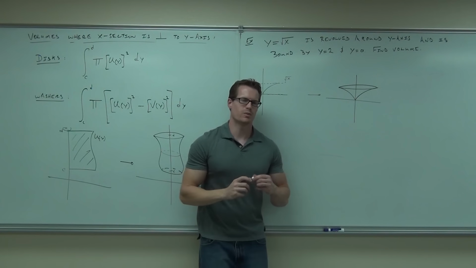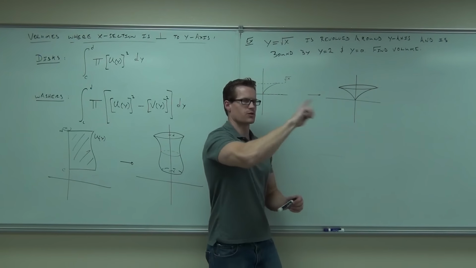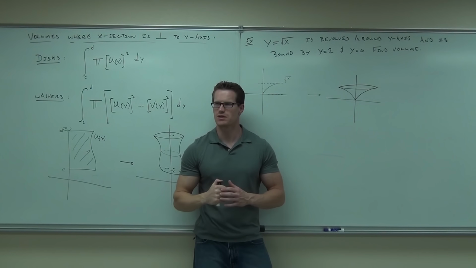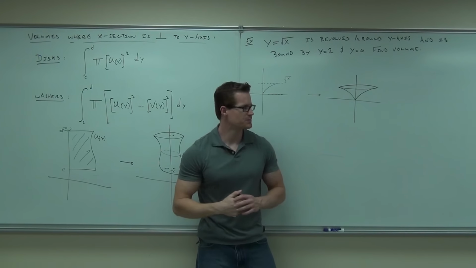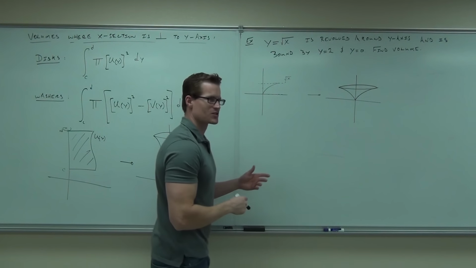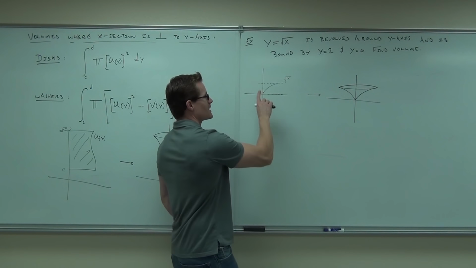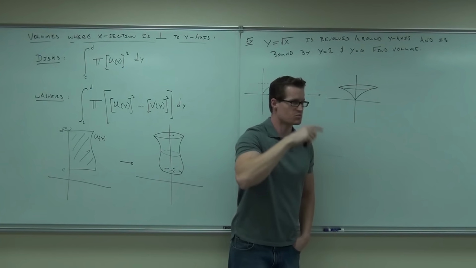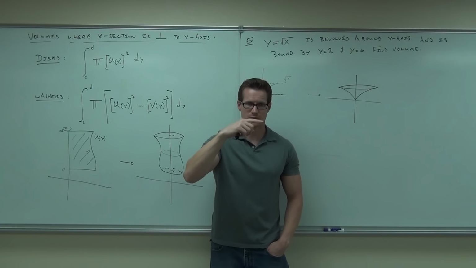Do you think the volume will be different if I go this way versus this way? That's an interesting question. Why don't you figure that out later, see if it is. Right now, that's not our question. The question is, can you take this, go this way, and find, between those lines, the volume of it?